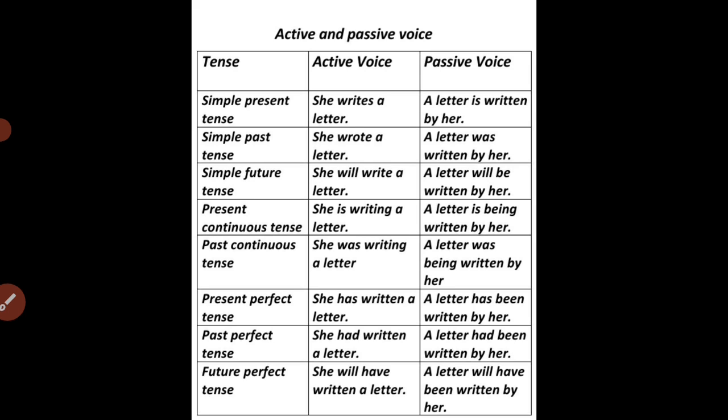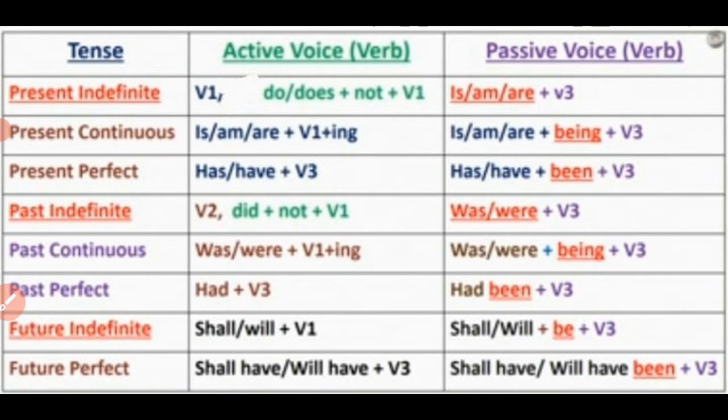When we have changed the verb, we change it into the third form of the verb along with the auxiliary is. A letter is written. Since the active voice is in the simple present tense, we are supposed to use either is, am or are, as you can see in this table, along with the third form of the verb. You can see in all the tenses we have used the third form of the verb.